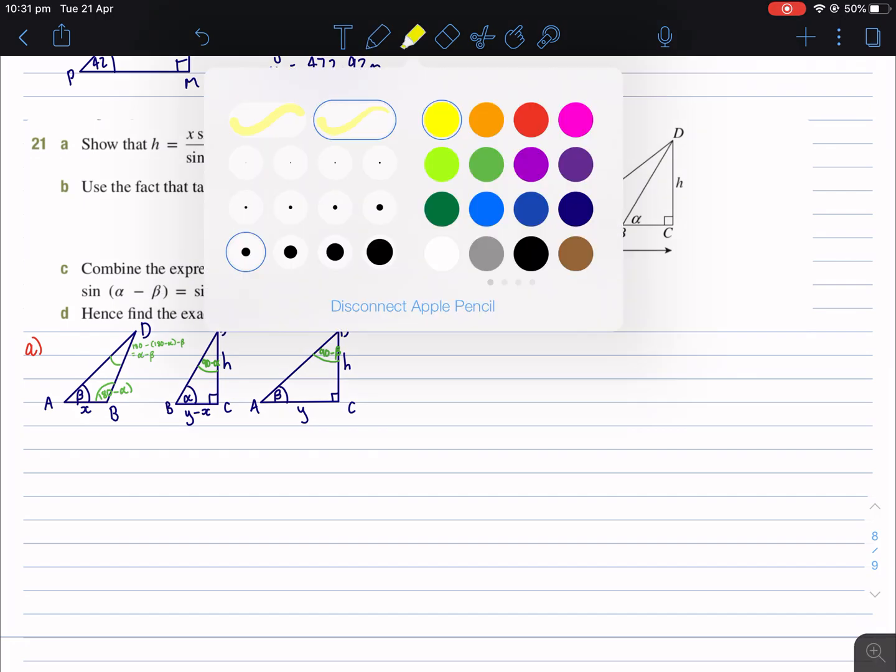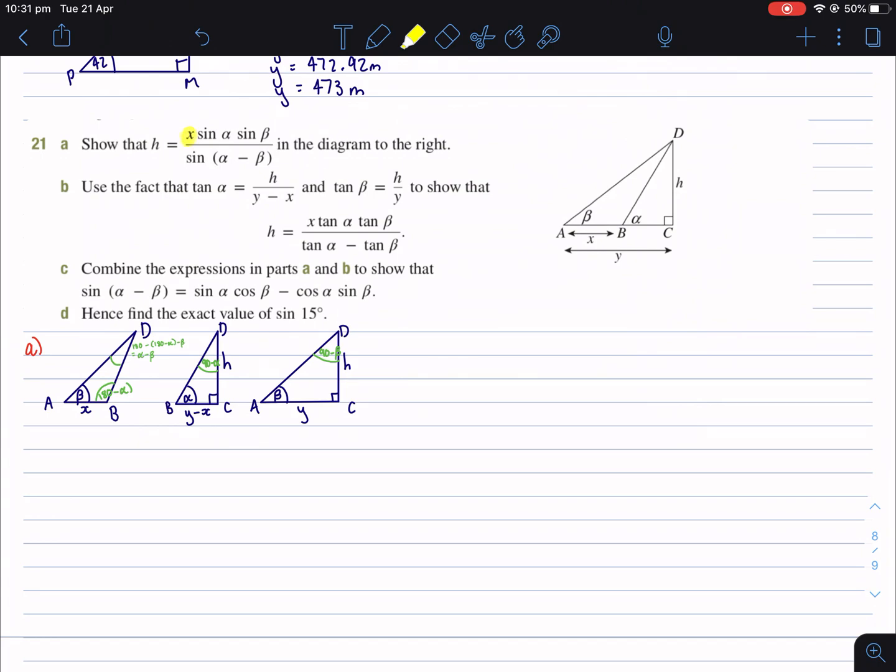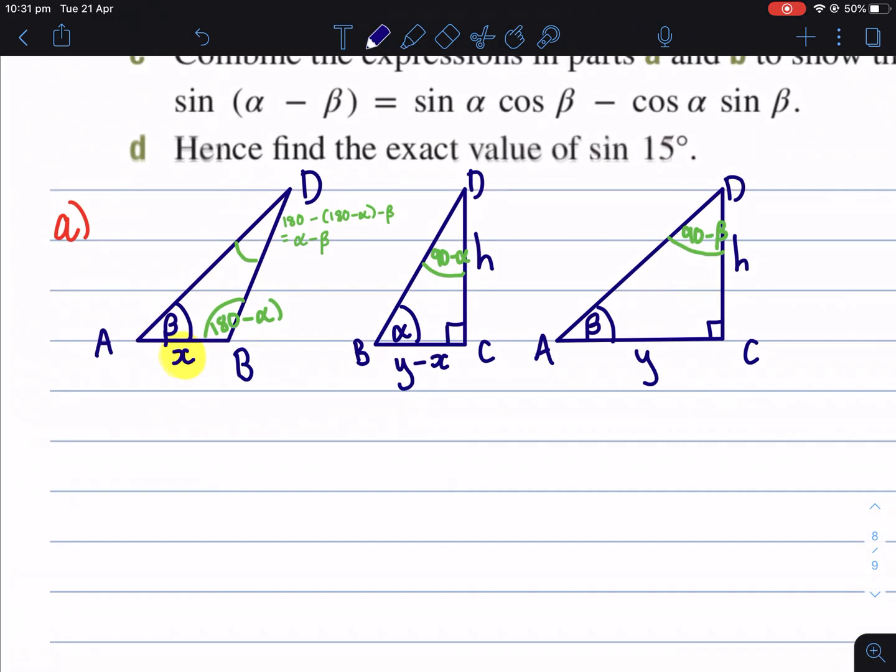This one we've got has x in it, so I can only assume I'm going to have to use the sine rule for x first. So x on sine alpha take beta equals, well, I don't know BD, but it's the same here.